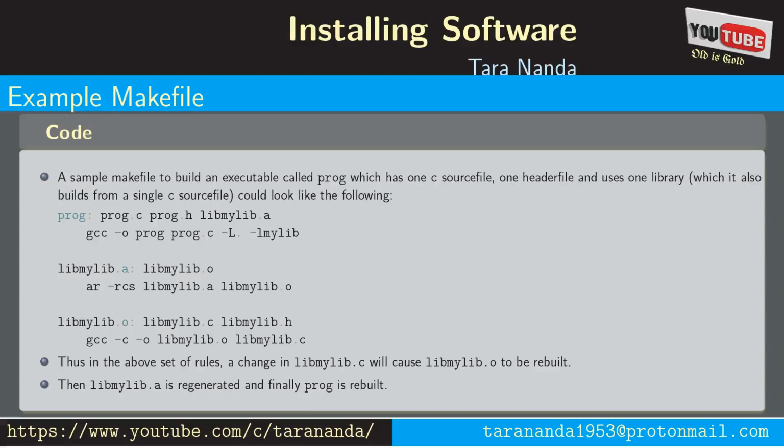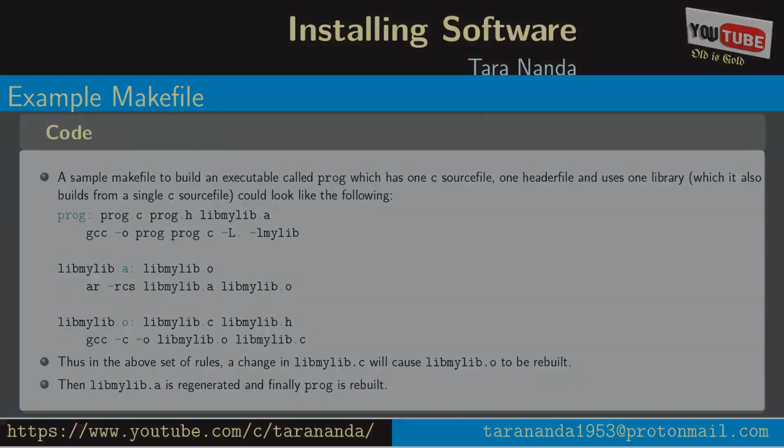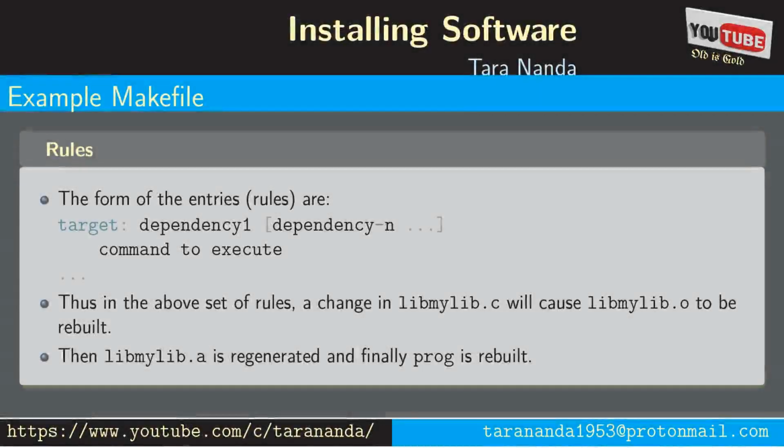So just to recap, the form of the entries in the makefile, namely the rules, are as follows: name of the target, colon, list of dependencies, dependency 1, dependency 2, etc., and the command to execute.